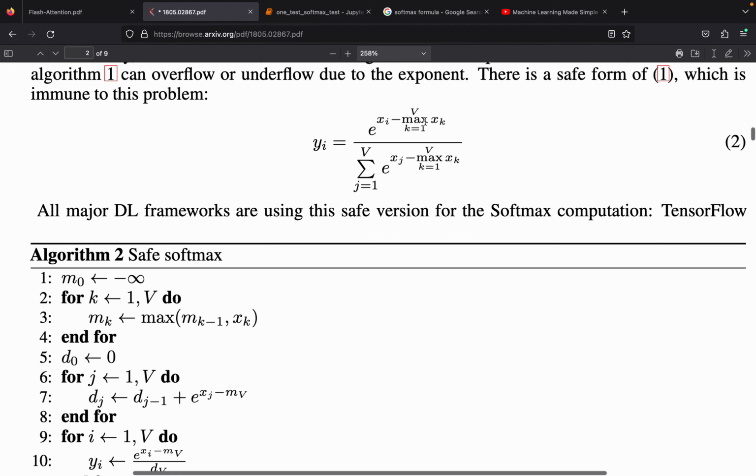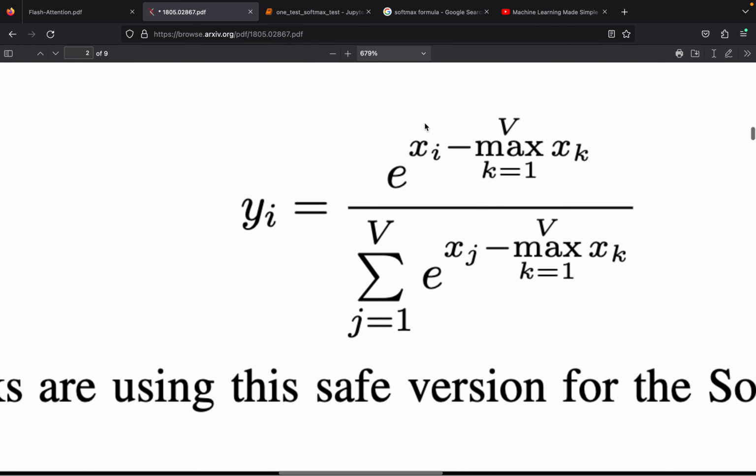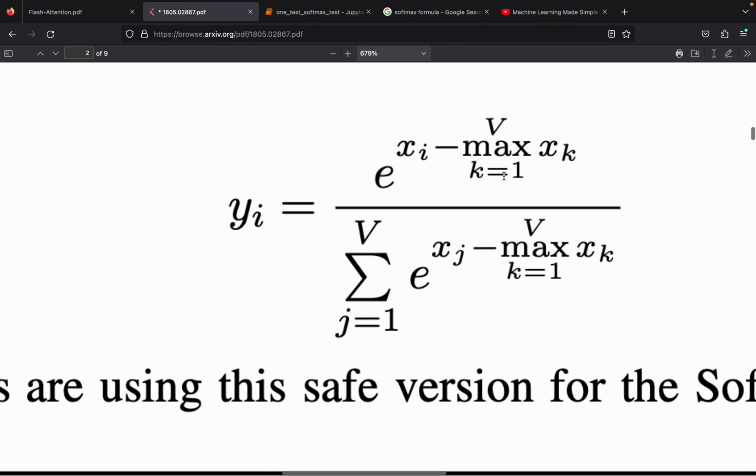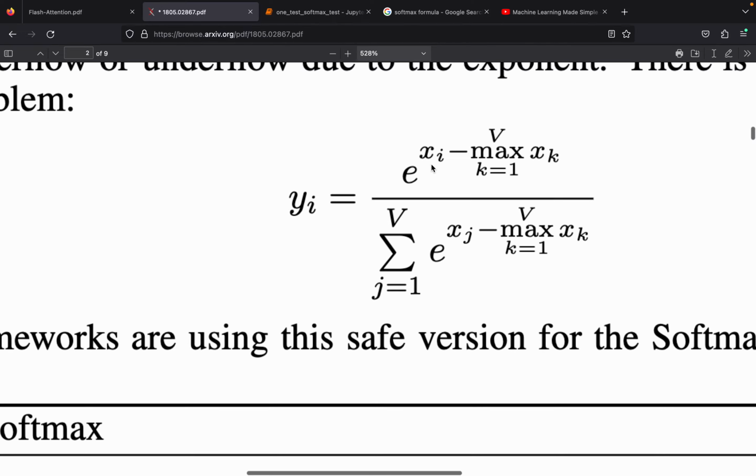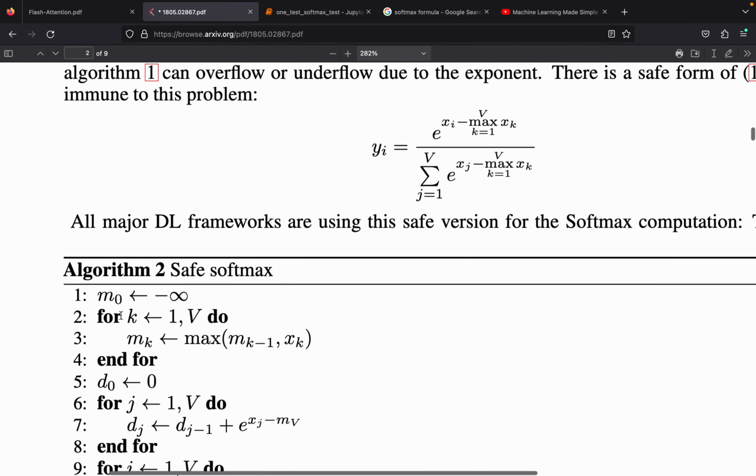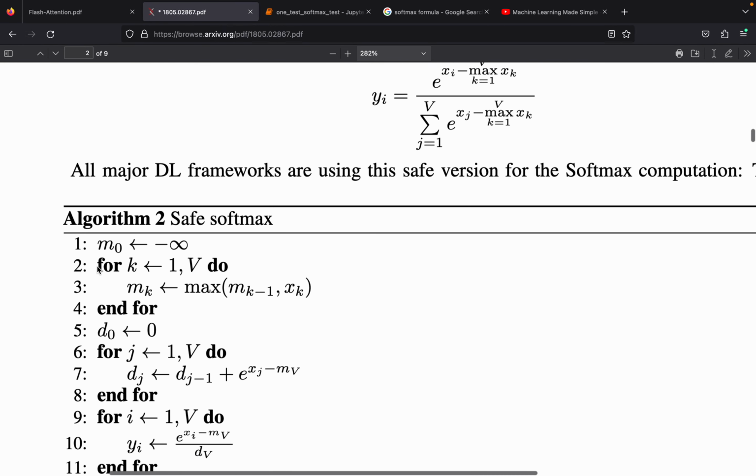First of all, if you look at this formula here, it will go through each of the elements in the input array and try to find the maximum element, right? And that's what the first for loop does. It will go through each of the elements and try to find the maximum of all the elements.